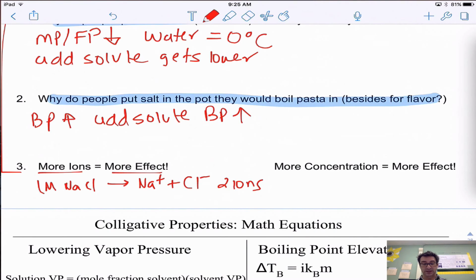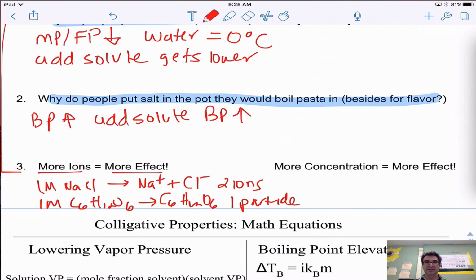If I put something like 1 molar sugar into water, that doesn't break up. It's covalent. It stays together. So you only get 1 particle, not an ion, and that 1 particle will have less of an effect. You put in 1 molar, you get 1 molar solution. With NaCl, you put in 1 molar, you're actually getting 2 molar.